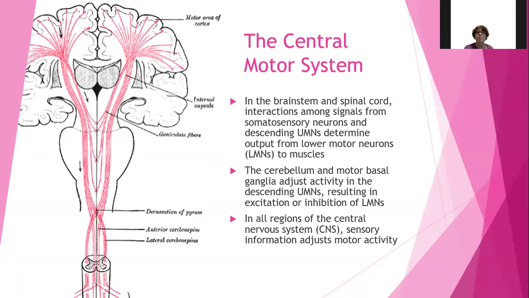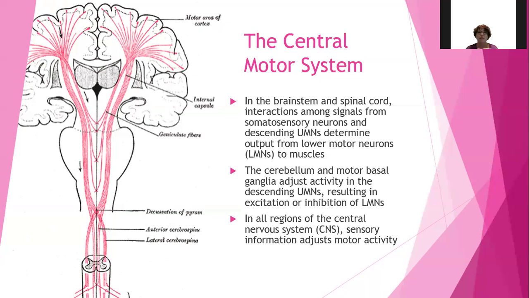So the central motor system is in the brainstem and spinal cord, you get interactions among signals from somatosensory neurons and descending upper motor neurons to determine the output that is going to go through the lower motor neurons to the muscles. So the decision for a motor act gets made in the anterior frontal lobe, but there's a lot of input from other systems.